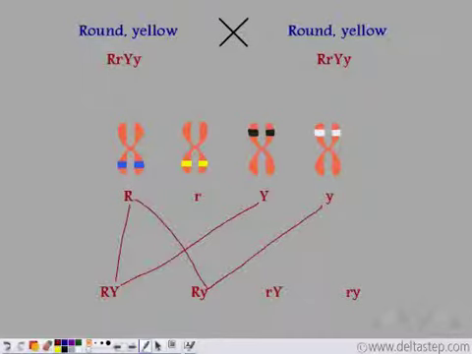Small r can combine with capital Y to form the genotype small r, capital Y. And finally, small r can combine with small y to form small r, small y.